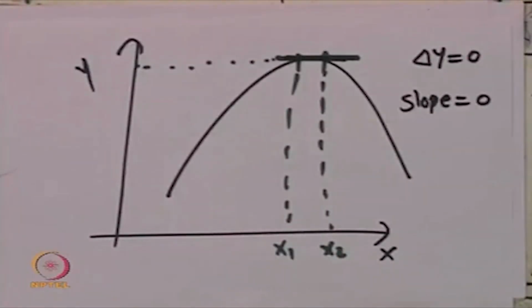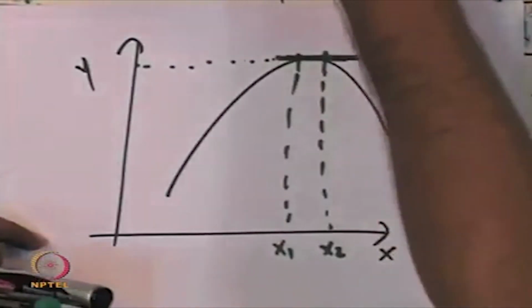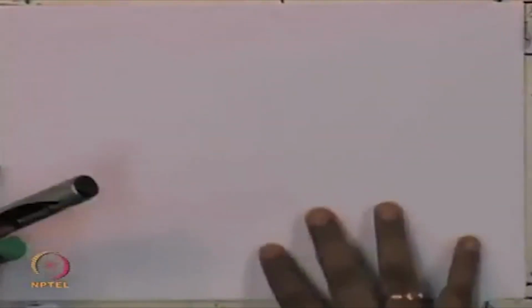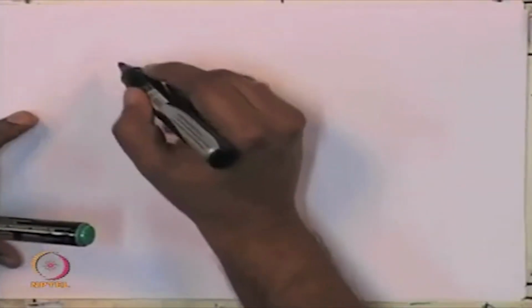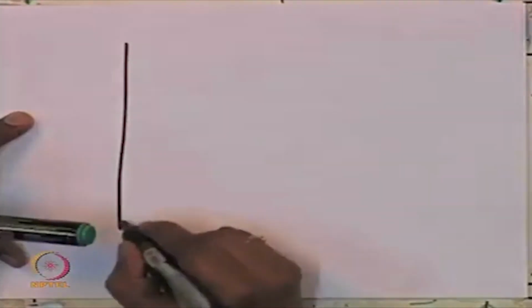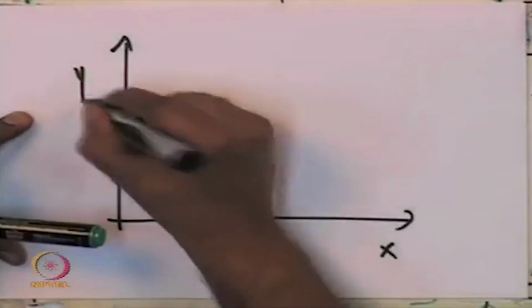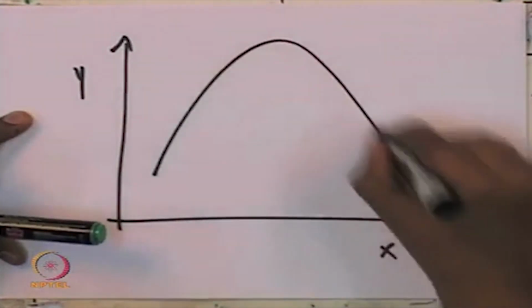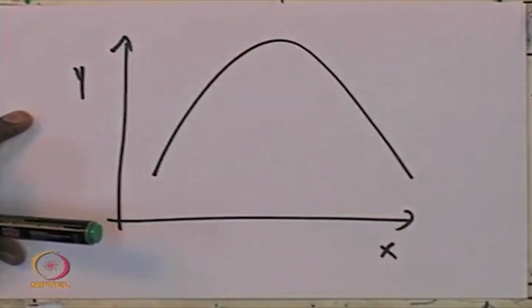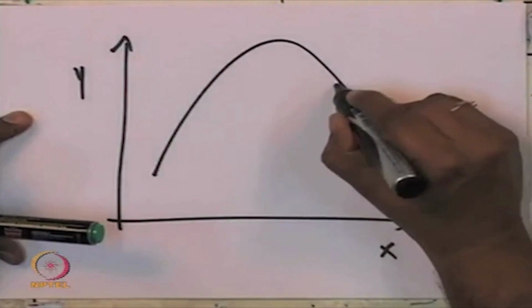Now, let us look at the next case where we have delta x and delta y. Let us again draw x and y and draw this curve, and let us look at the slope here.